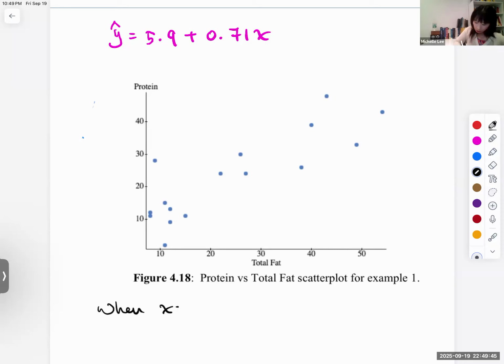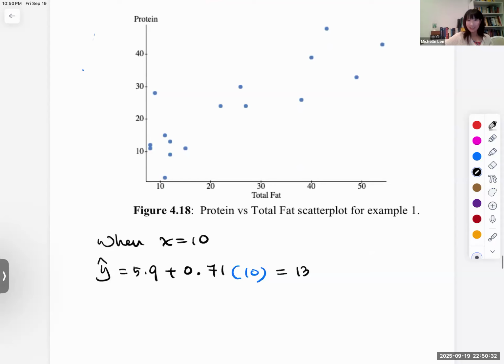Let's do it. When x equals 10, we have y hat equals 5.9 plus 0.71 times 10. Now, can you please calculate? 13, right? Yeah, 13. All right, so we get 13.